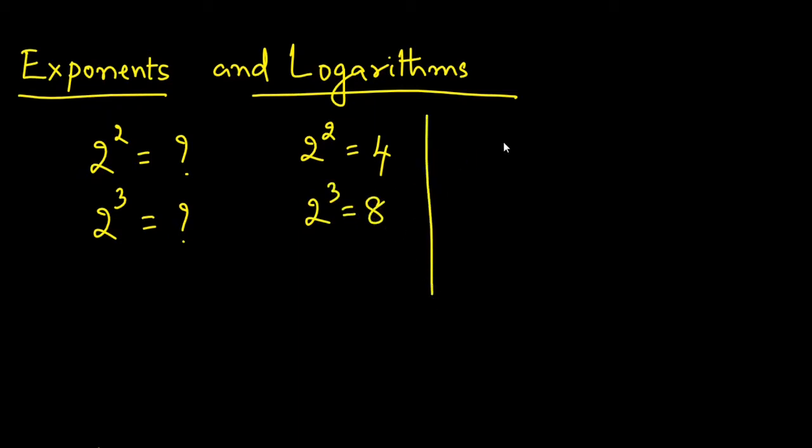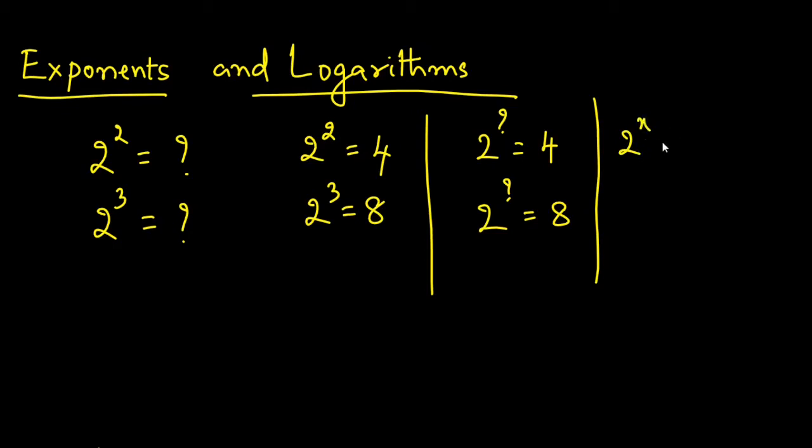Suppose we question in this way: 2 power what is equal to 4? 2 power what is equal to 8? Writing it using x, 2 power x is equal to 4. Then what is x?